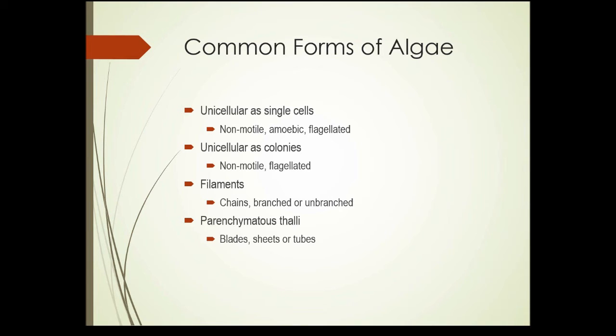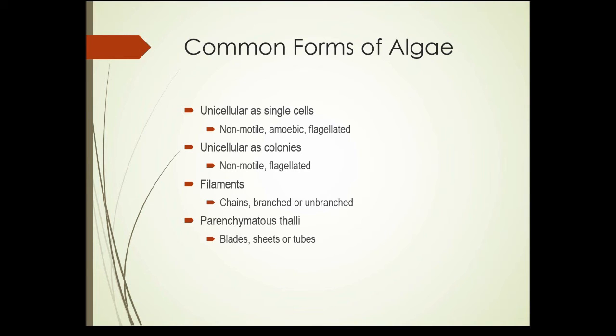Algae can also take the form of filaments, which can be chains, long links like hair, branched filaments that divide into multiple individual strands, or unbranched, just long, stringy bits of algae.